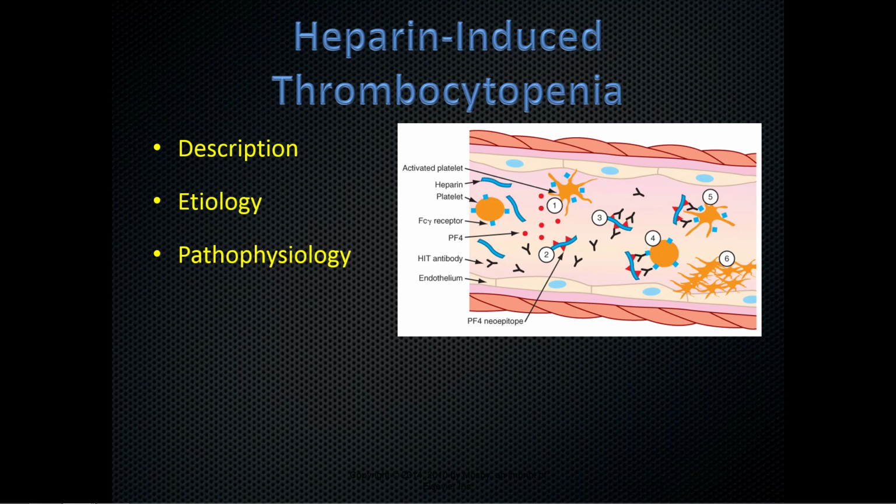The thrombocytopenia that occurs is related to the formation of heparin antibody complexes. These complexes release a substance known as platelet factor 4, or PF4. PF4 attracts heparin molecules, forming immunogenic complexes that adhere to platelet and endothelial surfaces.